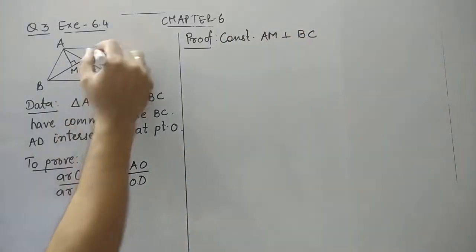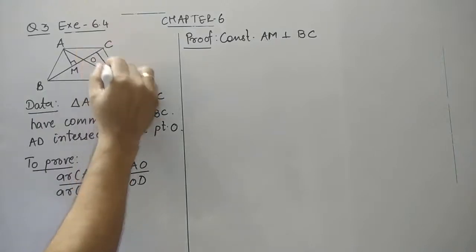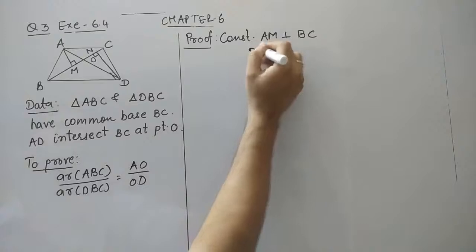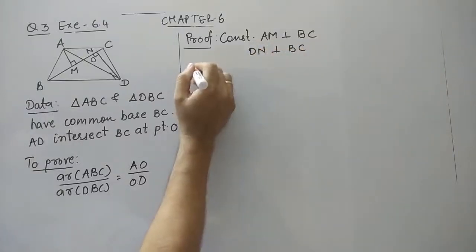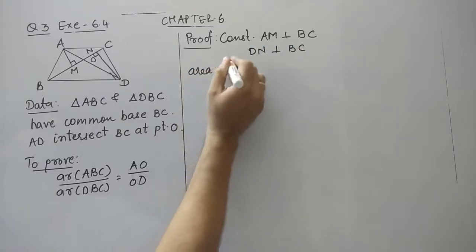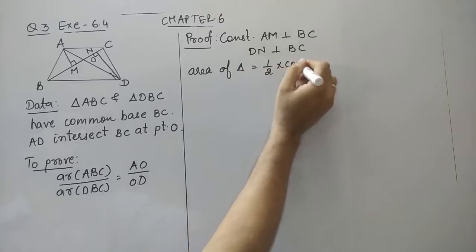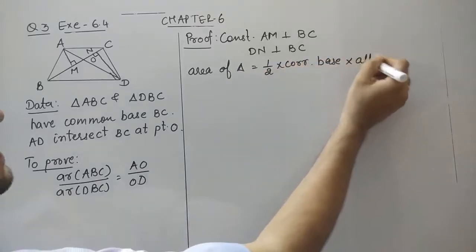Similarly, we construct DN perpendicular to BC. Now we all know the formula for the area of a triangle: half into its corresponding base into height, or altitude.